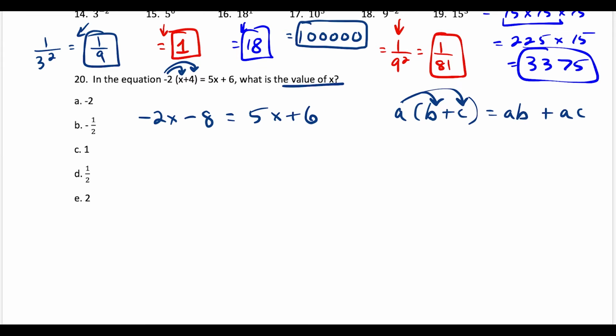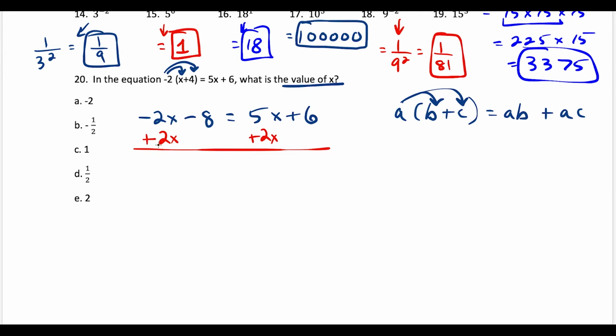So now the goal is to solve for x, but notice we have x's on both sides of the equal sign. So if I have a minus x and a positive x on one side or the other, I like to move the minus to the other one. So the opposite of minus 2x is plus 2x. So I'm going to do plus 2x on the left, and I'm going to do plus 2x on the right. Just know the golden rule of algebra is that whatever you do to one side, you have to do to the other.